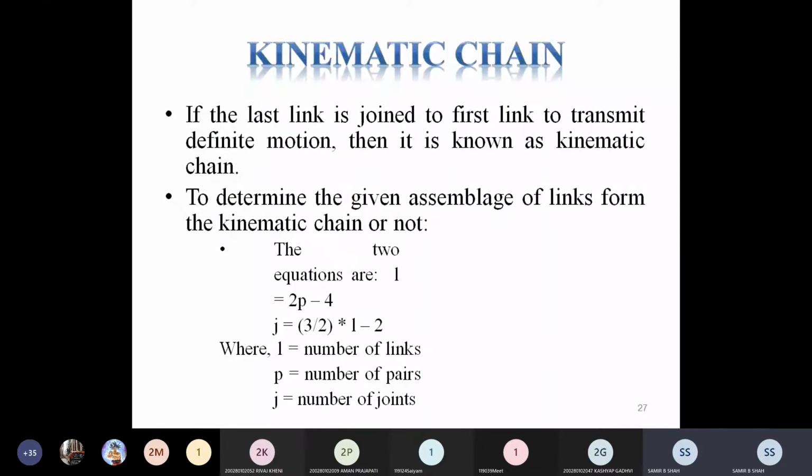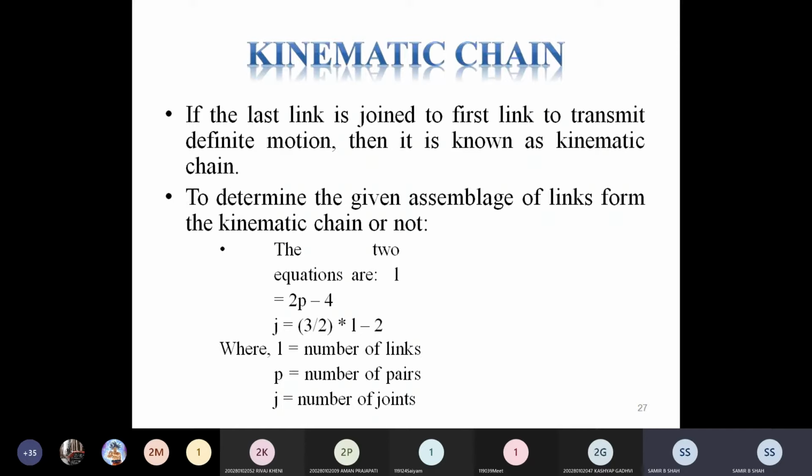If the right-hand side is greater than the left-hand side, then it is called an unconstrained chain. You remember that.